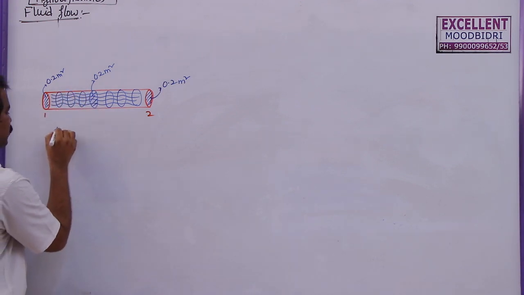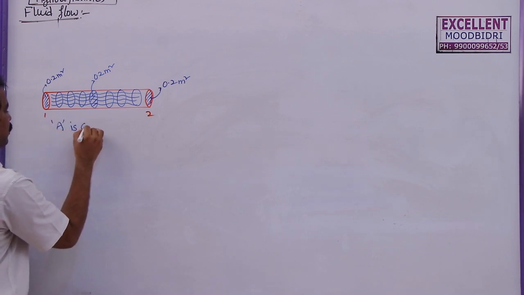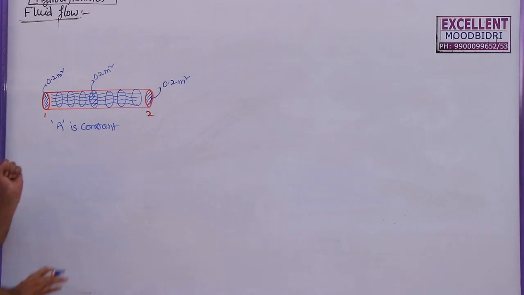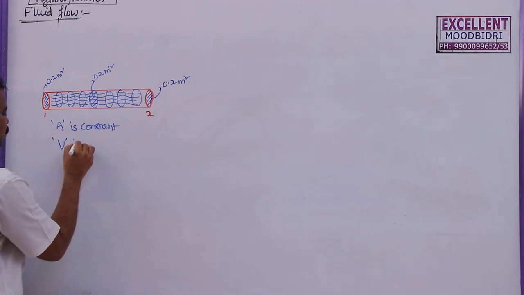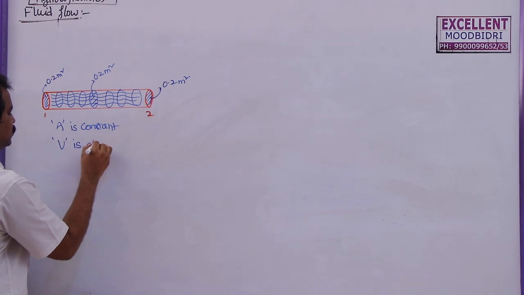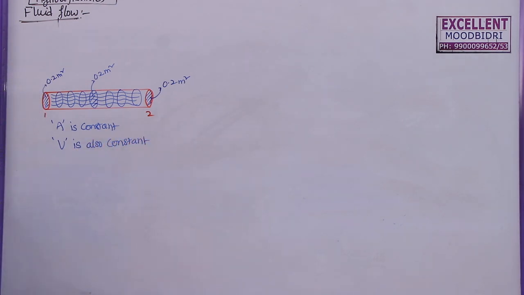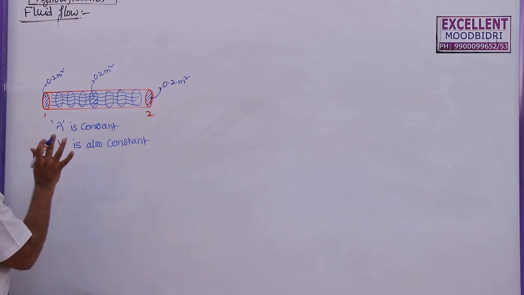So when the area is not changing, if area is constant, then the velocity of flow will not change. The velocity remains constant. V is also constant. But it is found that one quantity remains constant.